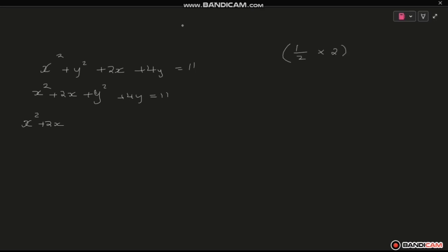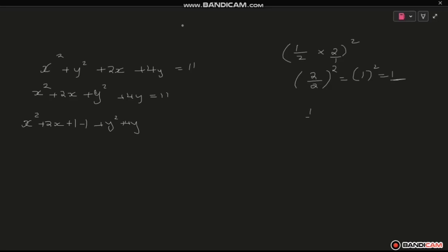This is a way of completing the square. We have 2, then we work out whatever is inside the bracket. We have 2 over 2 exponent 2, then inside the bracket we have 1 squared, then the answer is 1. Then we take that 1 and add it and subtract it, plus y squared plus 4y.